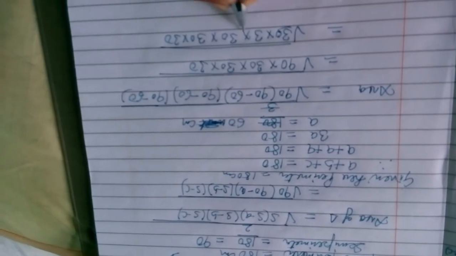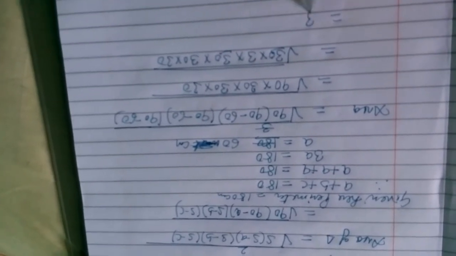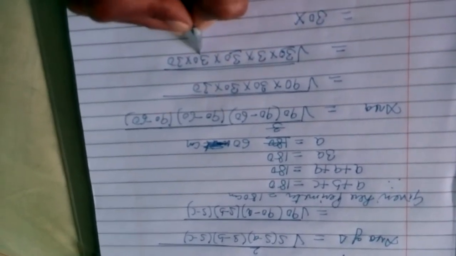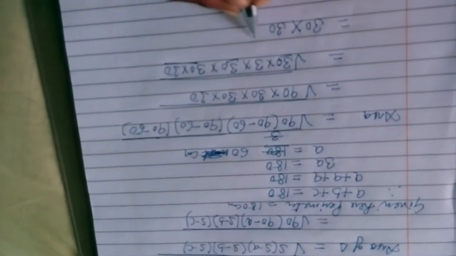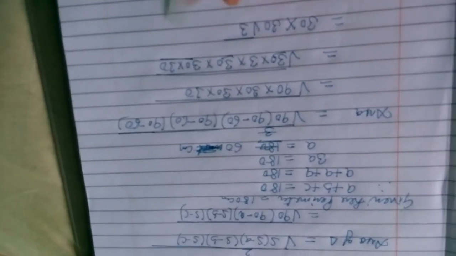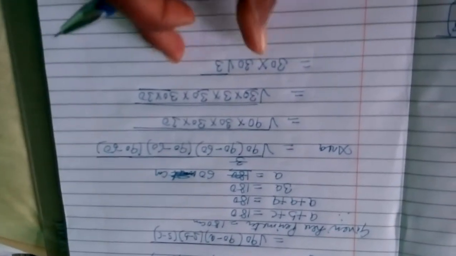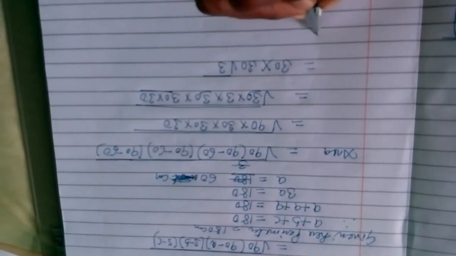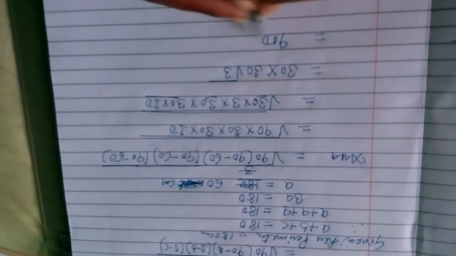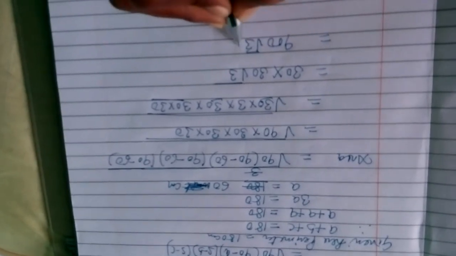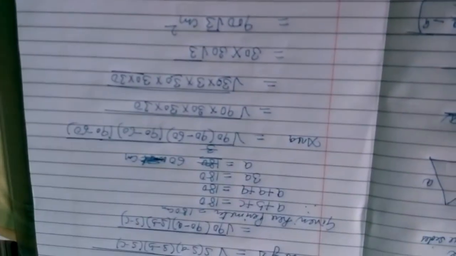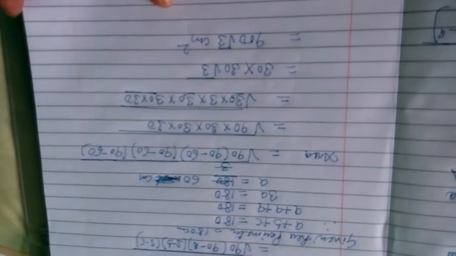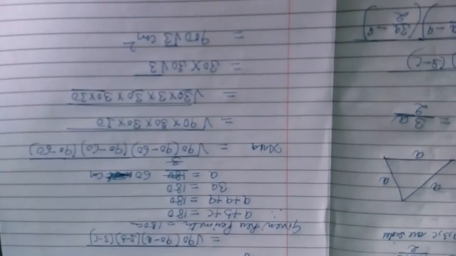One is this one and this one, so I can take this as 30 outside. Now again this is the second pair. Now the 3 is alone with no pair, so I cannot take this out of the root, so I'll get 3 3s are 900 root 3. So this is the area of the given equilateral triangle with perimeter 180 centimeter.